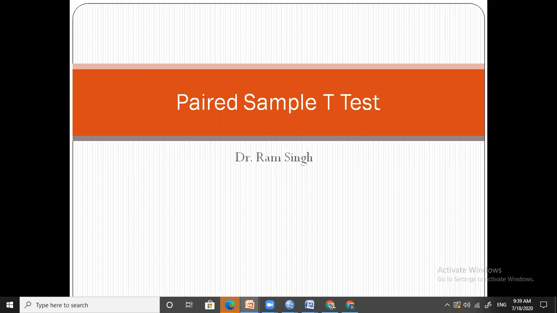Let's move ahead. Today we are going to discuss the next parametric test, that is paired sample t-test. In the previous lecture, we have already discussed independent sample t-test.